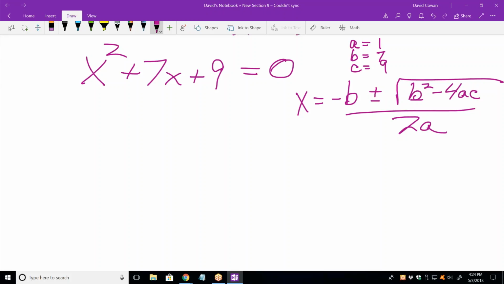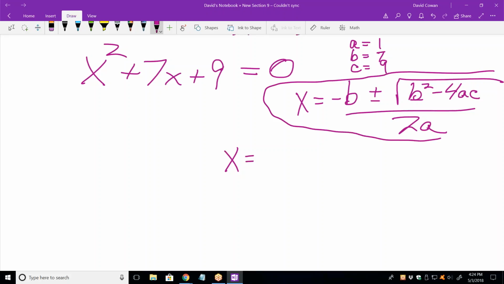So what is x equal to? No, substitute. In other words, what you're doing is you're taking this, and wherever you see an A, B, or a C, you're going to substitute what we figured out A, B, and C were.